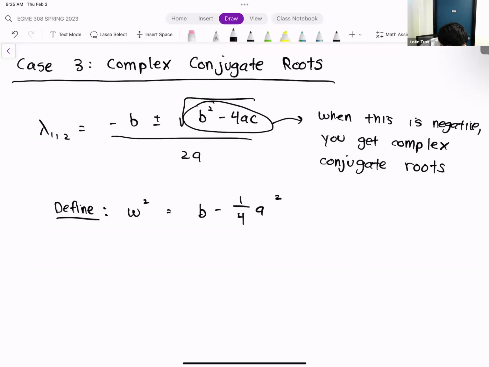And so if we make this definition here, then our lambda, our roots to our characteristic polynomial, are equal to minus 1/2 a plus or minus i omega. Okay. So i here is our imaginary number.